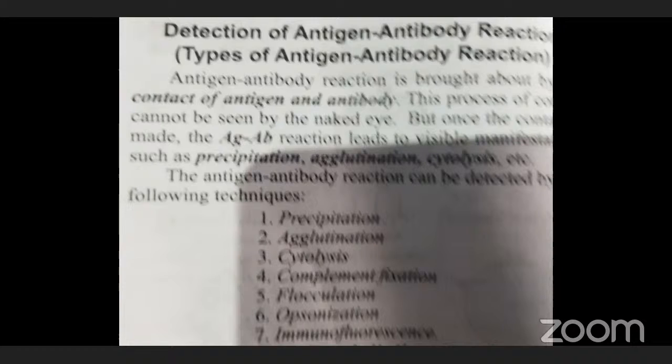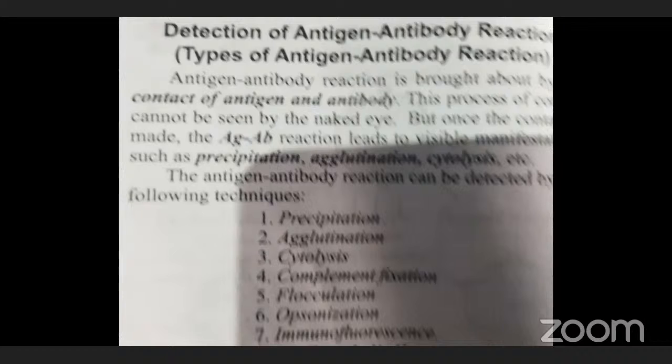The next one is affinity and avidity. That is also important. Affinity means the strength of bond between the paratope of the antibody and a single antigenic determinant, the epitope. So affinity is the strength of bond between the paratope of the antibody and the epitope of antigens.